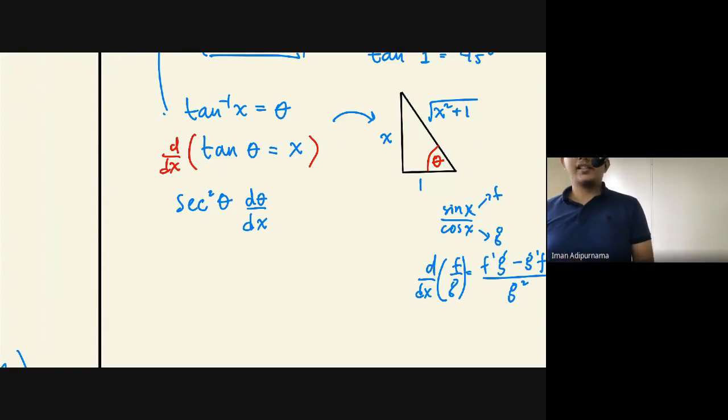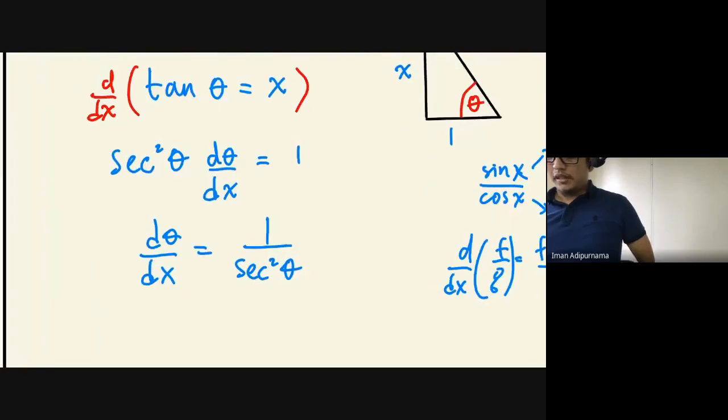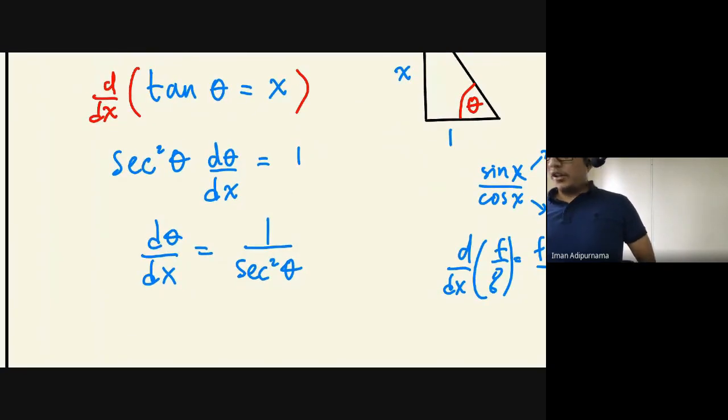So the first derivative we need to find is d theta over dx, because in this case I'm using theta instead of y. And it is equal to 1. Then d theta dx is 1 over secant squared theta. But it's in theta, right? So we go back to our triangle.